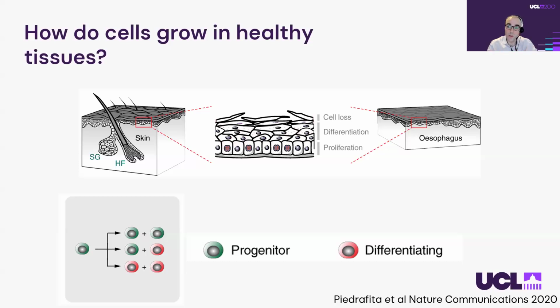This model is homeostatic if the probability of producing two dividing cells and the probability of two differentiating cells are equal to one another. So as long as those two probabilities are balanced, we can actually maintain homeostasis with this population of cells.